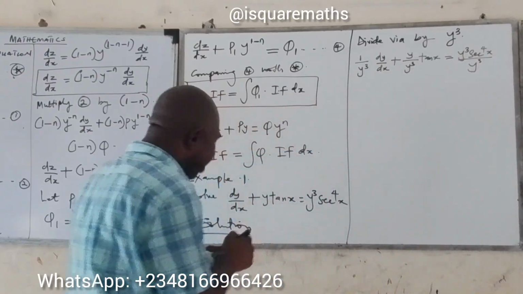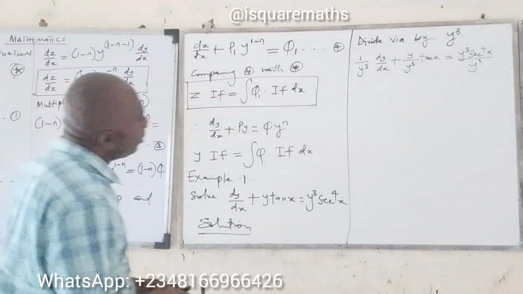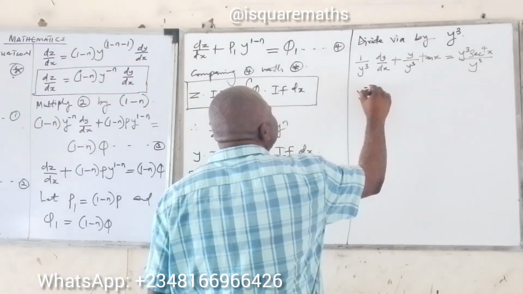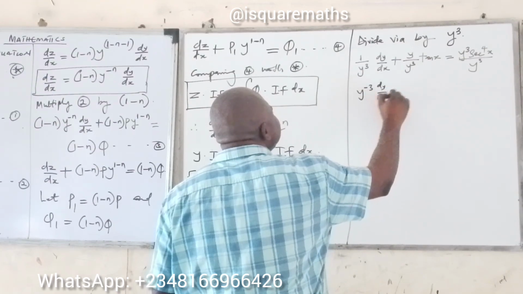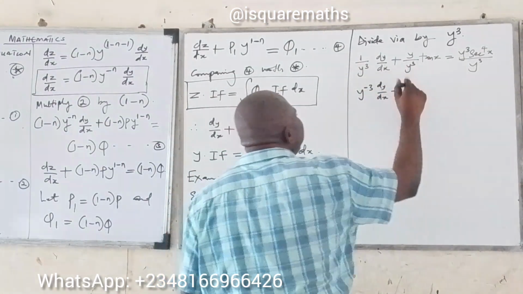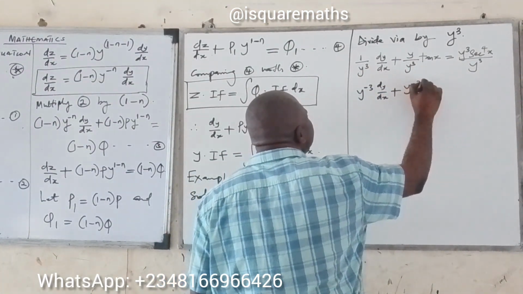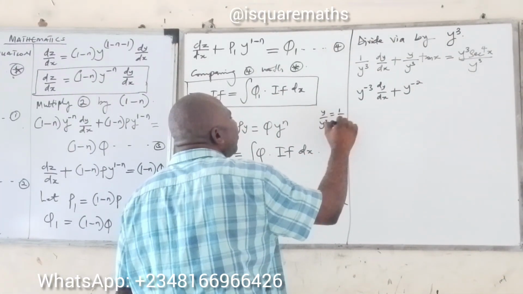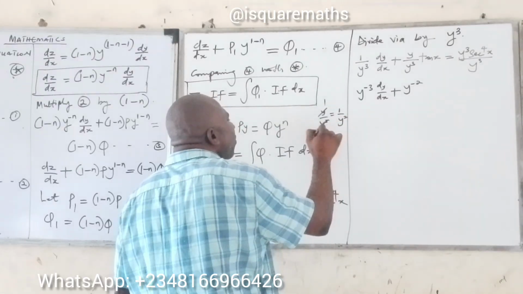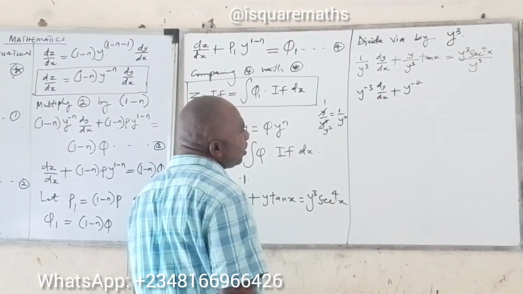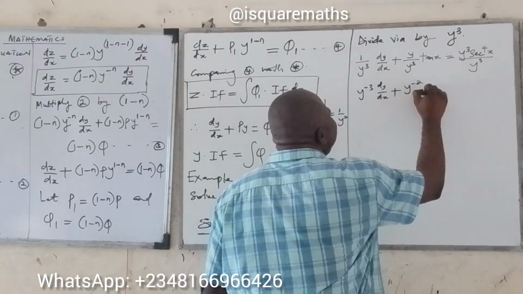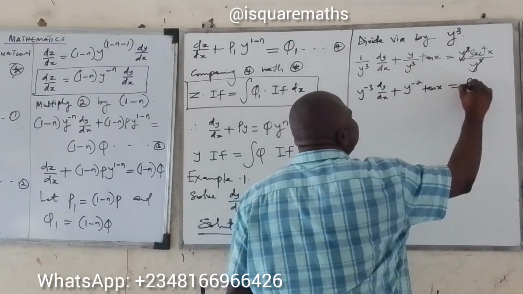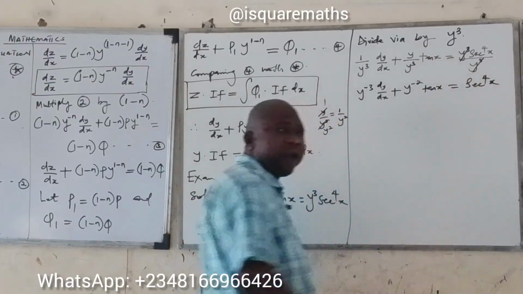This is the same thing as y raised to the power of minus 3, dy/dx, plus y raised to the power of minus 2, because y over y power 3 is 1 over y power 2. Then tan x is equal to what we're left with, sec power 4x.